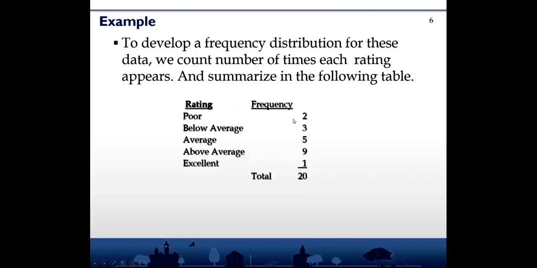This is the frequency distribution. So that provides some insights about the data that cannot be quickly obtained by just looking at the original data. Such as from this one, now we have 9 above average ratings, 2 poor ratings, and only 1 excellent rating.